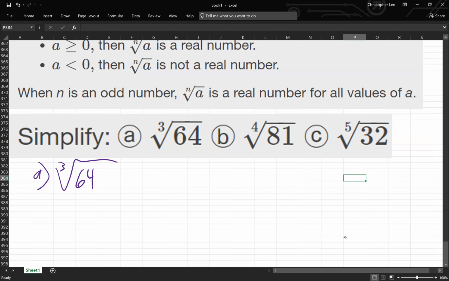What is it? Think. Another way you can do this is use your tree. You know that this is 8 times 8. Break this down. 2, 2, 4, 4. 2, 2, 2.